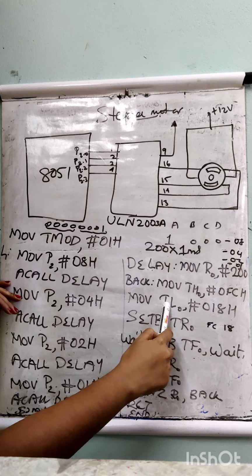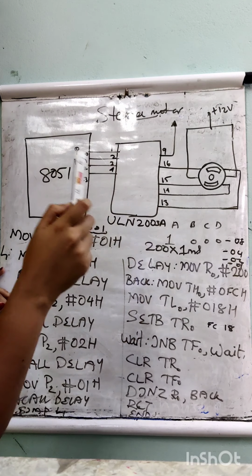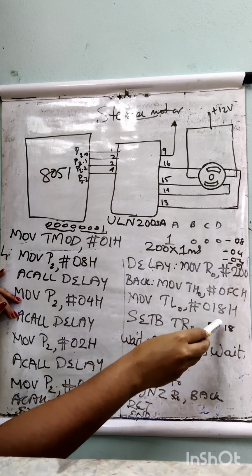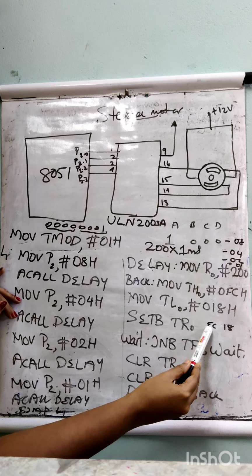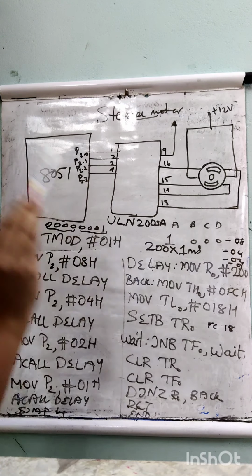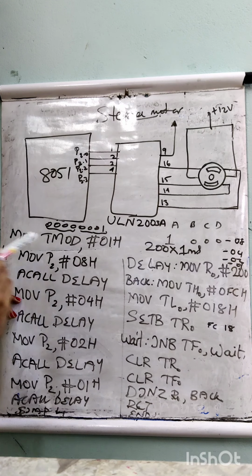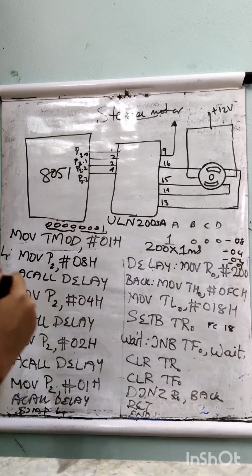So here the lower and higher bytes of the timer are fed with the values 18 and FC. So it's FC18. So the count starts from FC18. So you know how the conversion of the time to the hex value works.